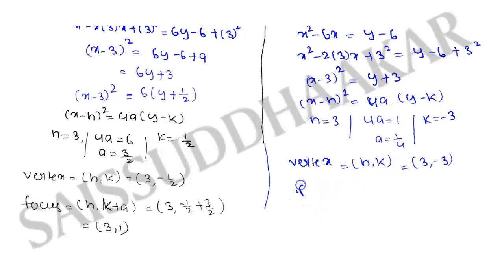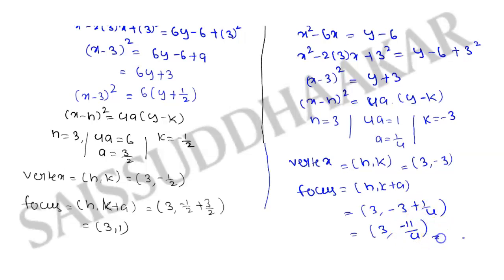And focus. Focus formula is h comma k plus a. So this is equal to h value 3 comma k value minus 3 plus a value 1 by 4. So this is equal to 3 comma, taking LCM 4, minus 3 into 4 is minus 12, minus 12 plus 1 is minus 11, so minus 11 by 4. This is the answer for the question which is not modified.